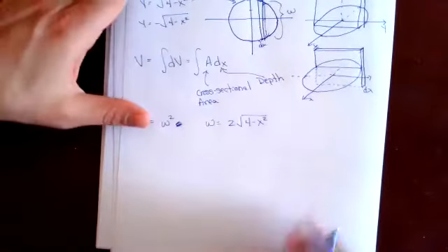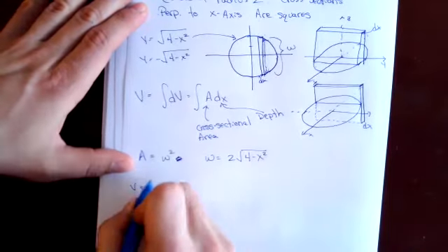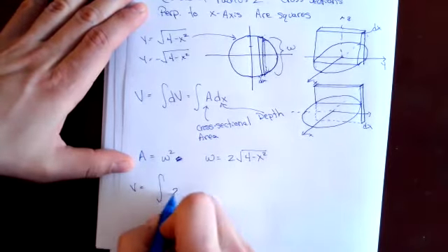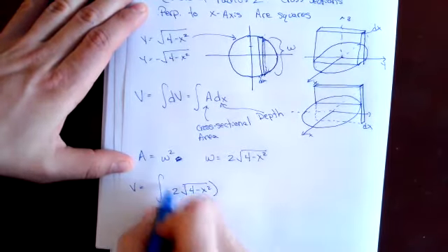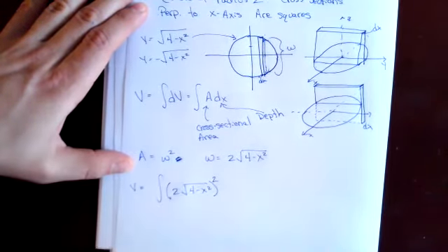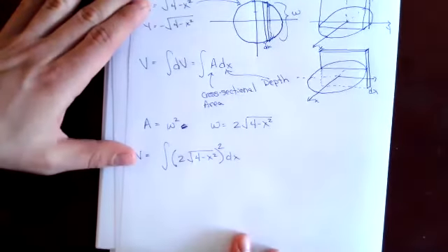And then now we just fill it all in. So let's continue this. Our volume is then the integral of 2 square root of 4 minus x squared, squared, and then keep the dx hanging out there.